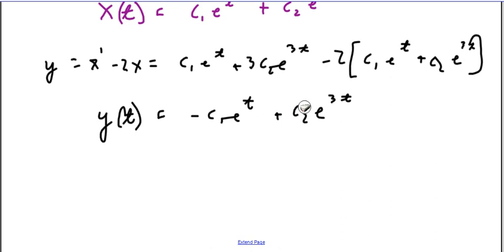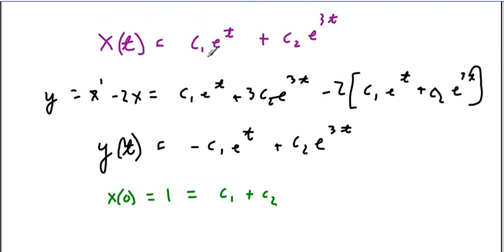And now it's time to apply the initial conditions. So x at 0 is supposed to be 1, which is going to be c1 plus c2. And y at 0 is supposed to be minus 1, which is going to be minus c1 plus c2.